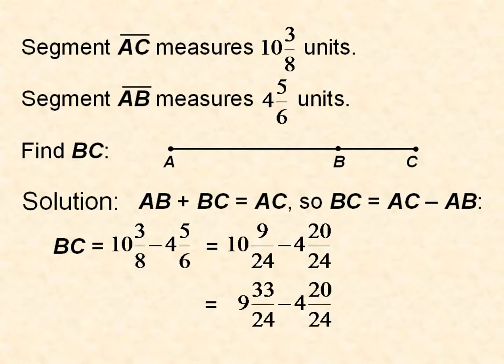So we borrow 1 from 10 and add 24/24 to 9/24. That gives us 9 33/24. So we have 9 33/24 minus 4 20/24, which gives us 5 and 13/24.